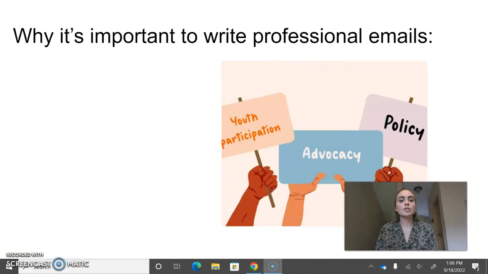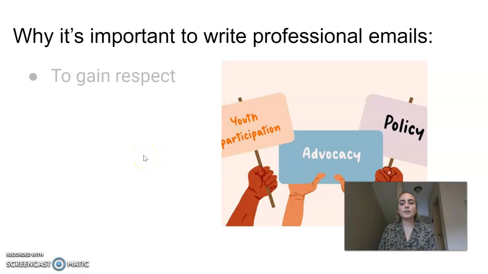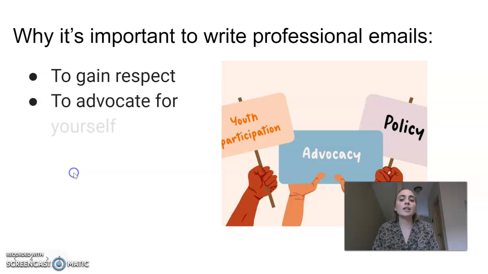Why is it important to write professional emails? So it's important in order to gain respect. Unfortunately, it's a reality that we live in a society where people are judged based on how they communicate, how they speak, how they write, and if you communicate professionally, you will gain respect and be able to advocate for yourself in order to change things and make a difference.